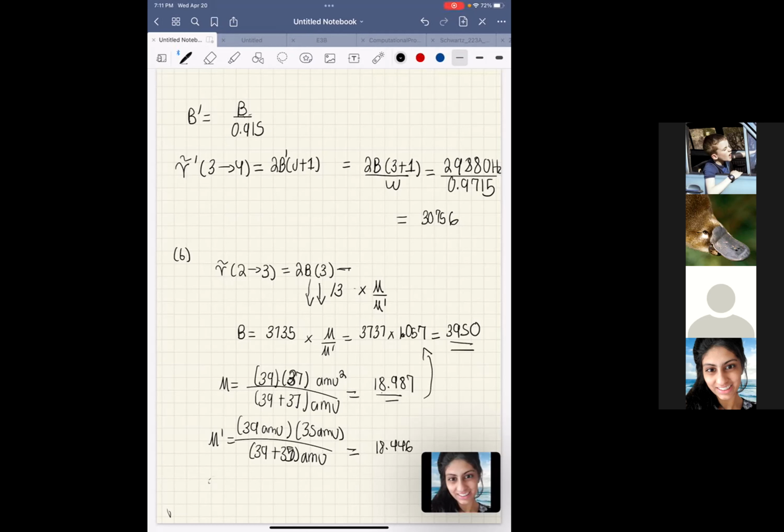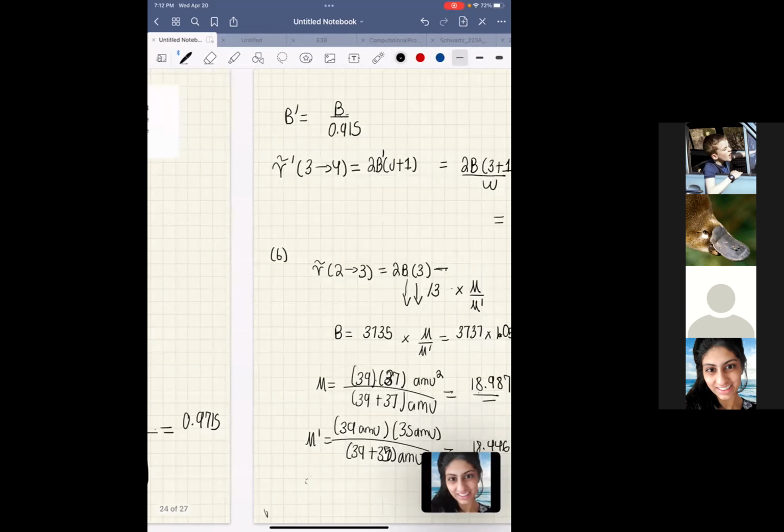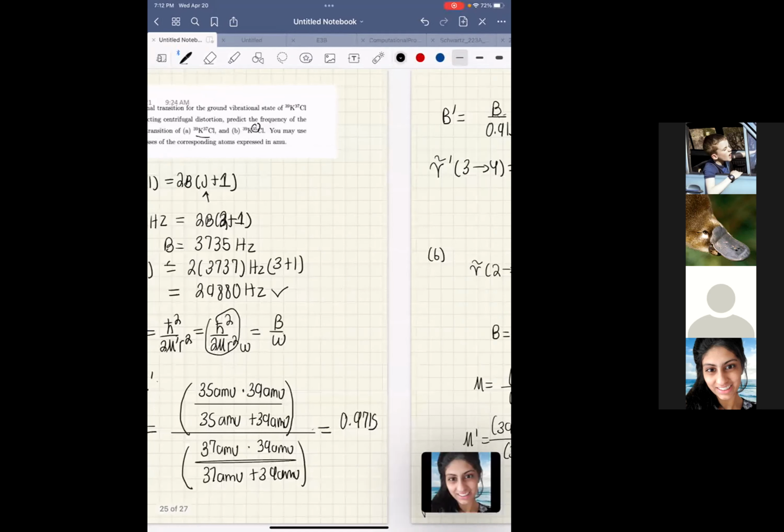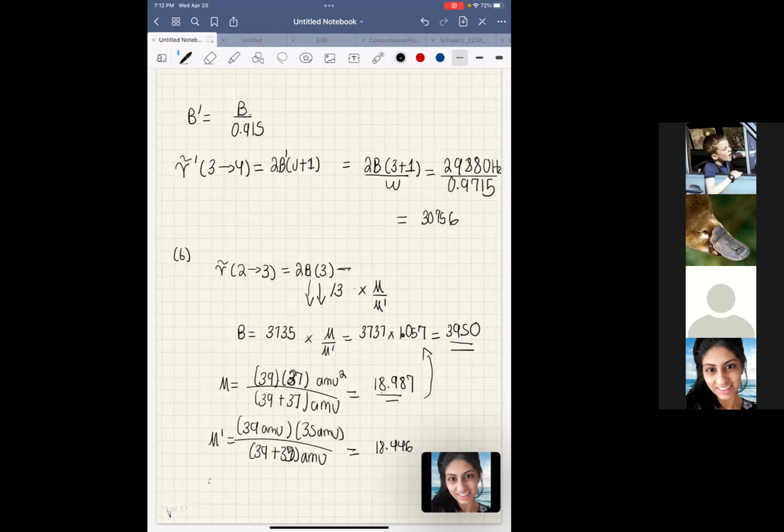For the question, can I use this method all the time, or does it have to be in the same state, like from 0 to 1? You can use it for any state. The way I did it was basically the same thing you did, but I made it more complicated than it needs to be. You can use this method when you're changing the reduced mass, 100%.